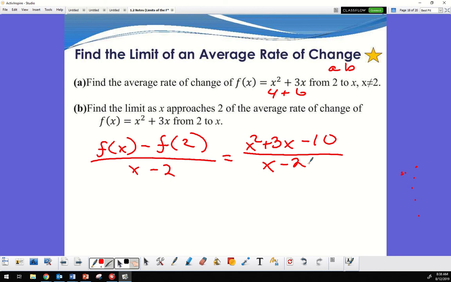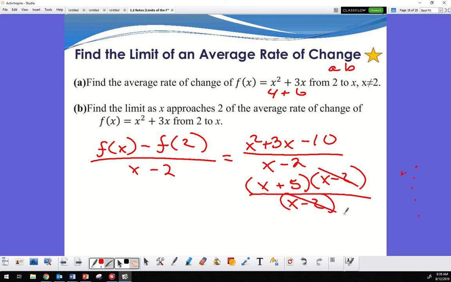All right, so it's going to factor out to be x plus 5 all over x minus 2. Okay, I found it. I did everything I needed to do. I'm able to cancel that now, right?